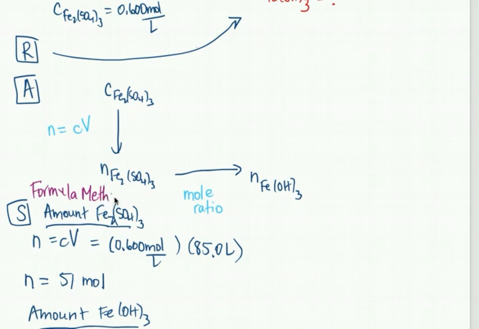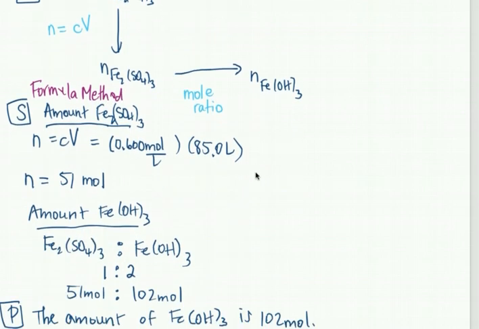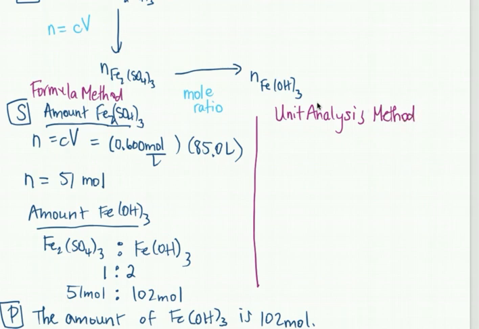So I'm going to do the unit analysis. I'm going to squeeze it in right in here. Okay, so we're going to start, well, we need to find the amount of iron 3 hydroxide.